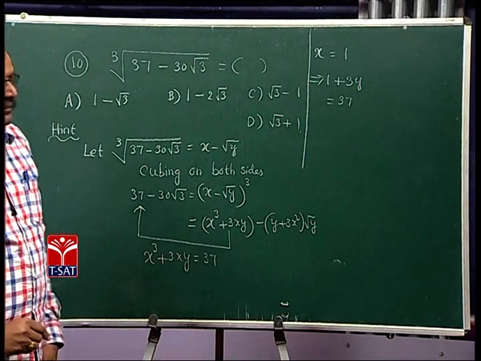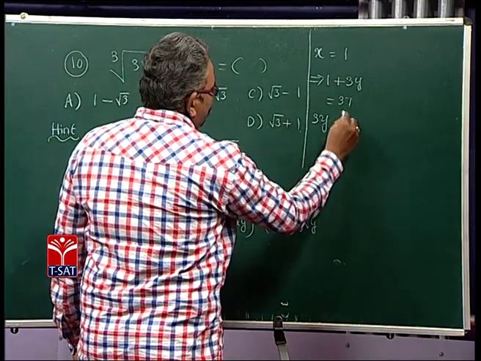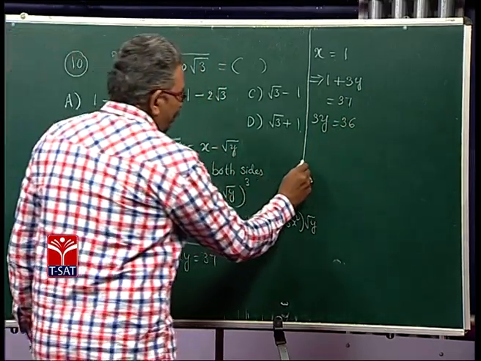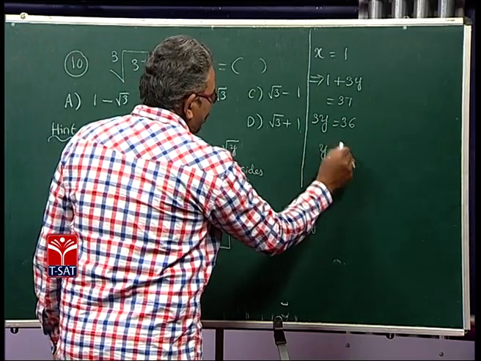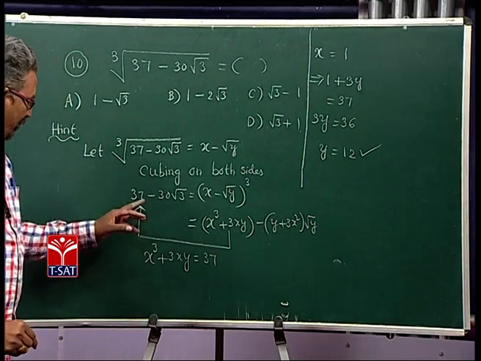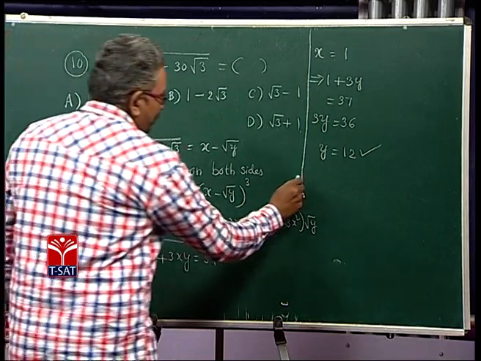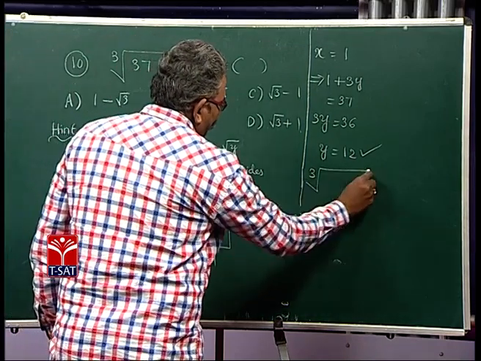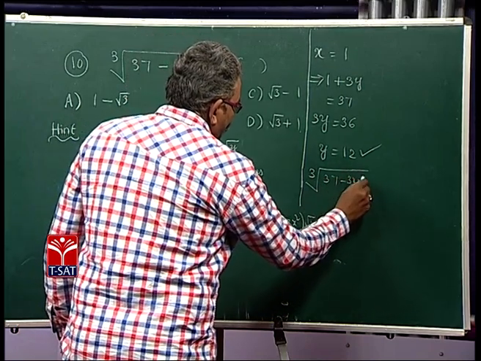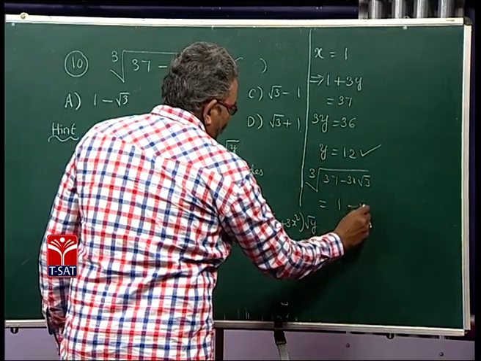Transpose 1 to that side. 3y is equal to 37 minus 1, 36. What is y? y is 36 by 3, 12. 12 is an integer, stop. Yes. So x is equal to 1 and y is equal to 12. So the answer is cube root of 37 minus 30 root 3 is x minus root y, 1 minus root 12.